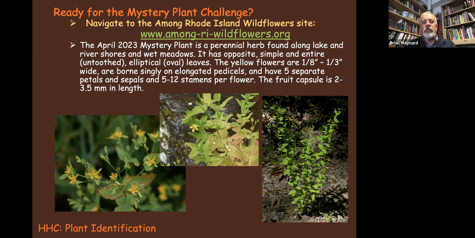Just as an introduction, these are pictures of the mystery plant for April 2023. This changes each month. The April 2023 mystery plant is a perennial herb that's found locally in Rhode Island along lake and river shores and in wet meadows. It's a lovely little plant that grows during the summer. It's a herbaceous perennial. It has opposite leaves, which are simple, meaning that they're not compound or divided.